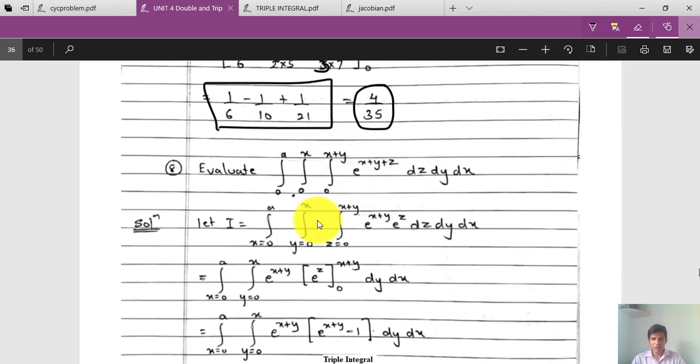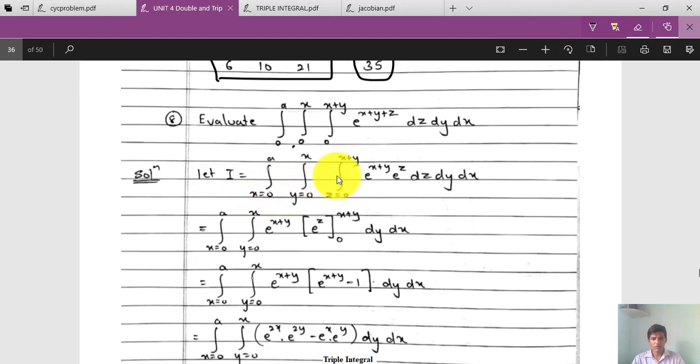Now, 0 to x plus y, so let me write my integral as the integral of e raised to x plus y. By laws of indices I can write this as e raised to x plus y times e raised to z, and evaluate it with respect to dz, keeping this term as constant. So e raised to z is e raised to z only. If I take x plus y as the upper limit, minus anything power 0, that is 1.